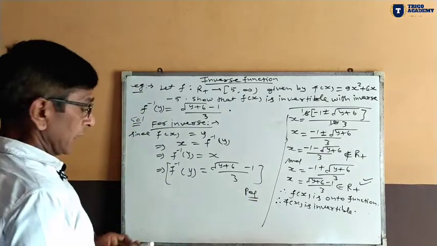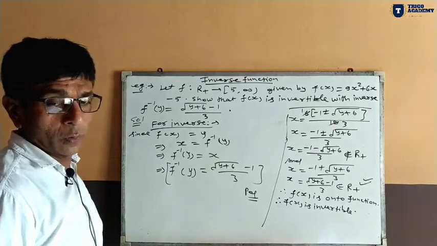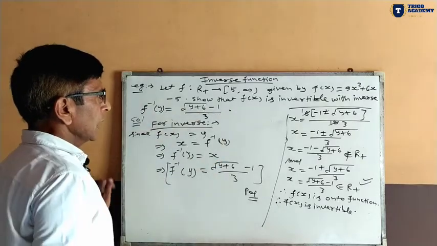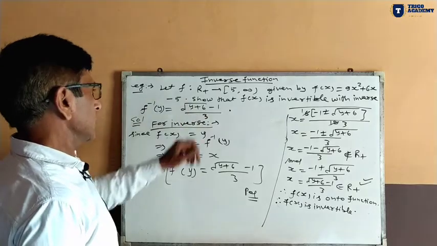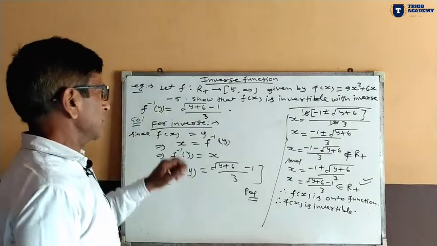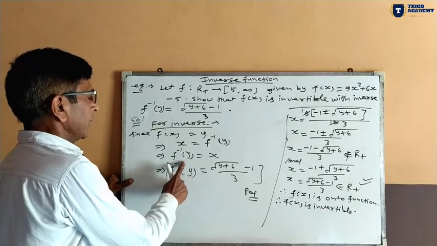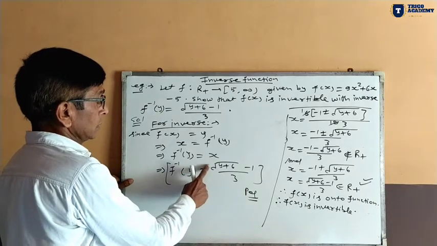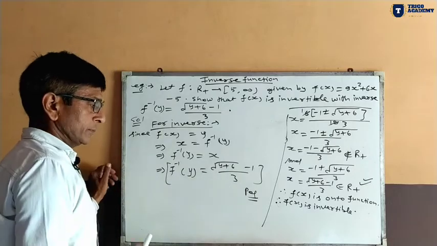Okay, in this way we can say that this function f(x) is invertible, and the inverse of this is f inverse y equal root y plus 6 minus 1 upon 3.